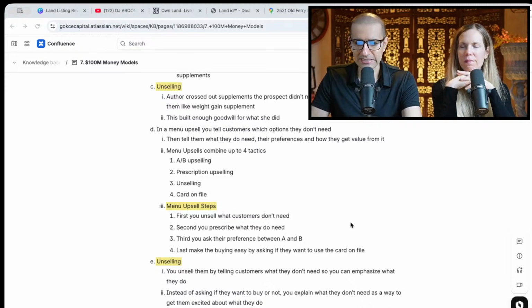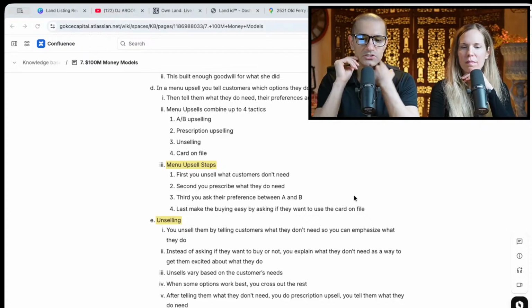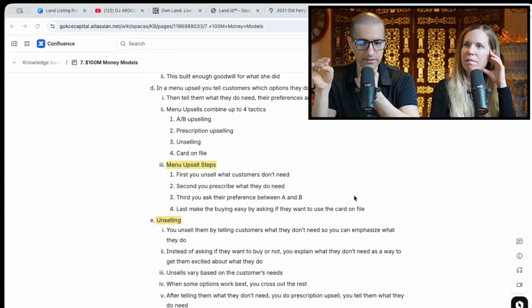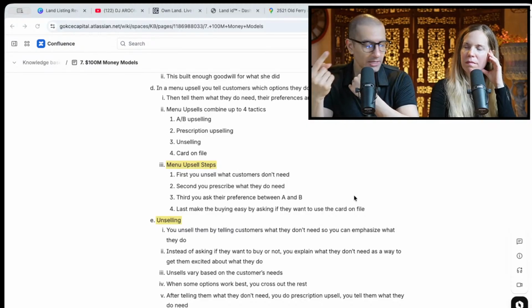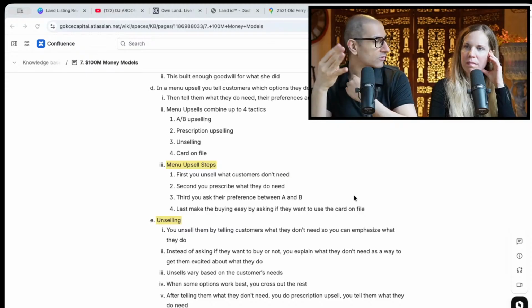All right, next. In a menu upsell, you tell customers which options they don't need, then tell them what they do need, their preference, and how they get value from it. Menu upsells combine up to 4 tactics: A/B upselling, prescription upselling, unselling, and card on file.